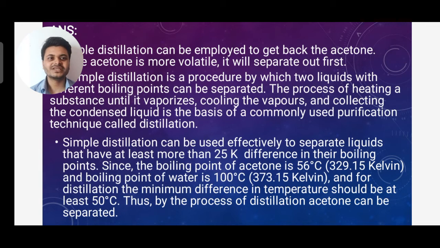The boiling point of acetone is 56 degrees Celsius, that is 329.15 Kelvin, and the boiling point of water is 100 degrees Celsius, that is 373.15 Kelvin. For distillation the minimum difference in temperature should be at least 50 degrees Celsius. Thus by the process of distillation, acetone can be separated.